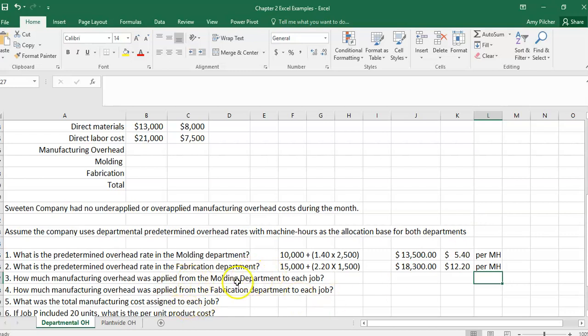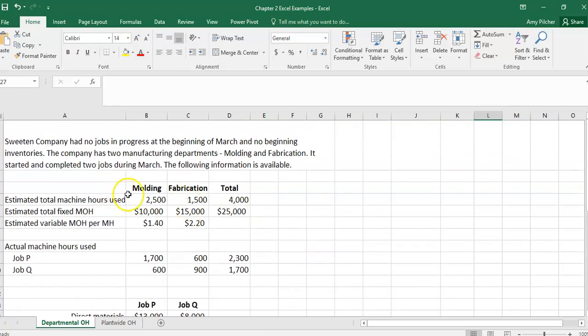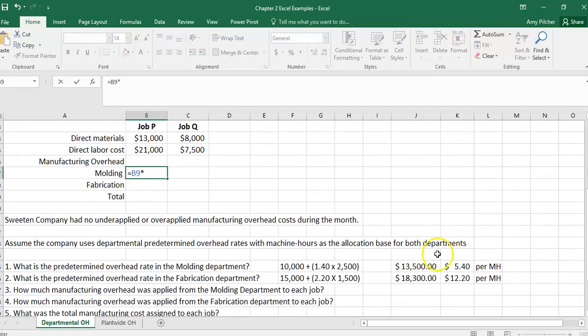Now when we apply to our jobs, we need to apply overhead for each department separately. So first we'll start with the molding department. We see that for the molding department, job P used 1,700 hours and job Q has 600 hours. So for job P in molding, we will take 1,700 hours times our rate of $5.40 per hour.